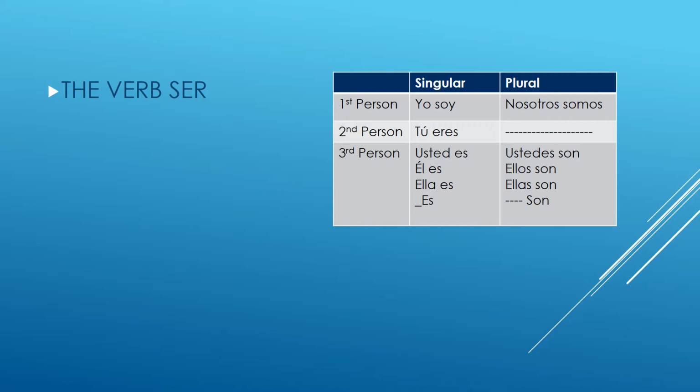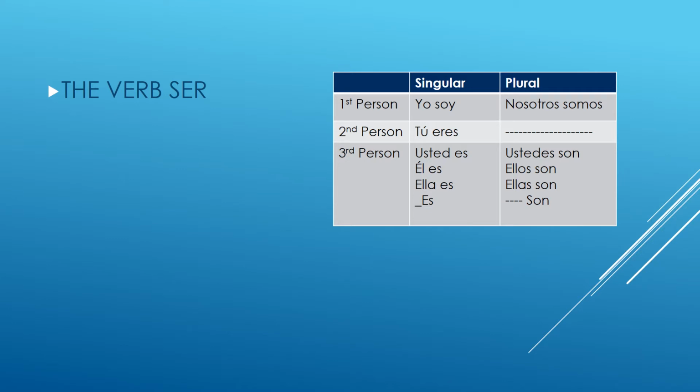Now in the plural, nosotros somos, we are. Second person plural, that's where vosotros would have been, but as we mentioned, we're going to ignore vosotros in this course since most of you will be interacting with Latin American patients versus Spanish patients, and so it's better just to ignore it at the moment to not confuse you further.